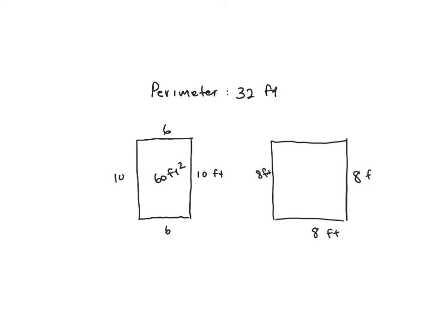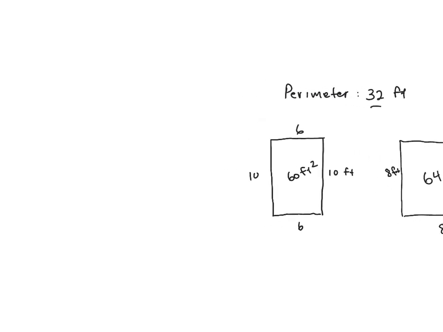So it's the same perimeter of 32 feet, but it gives us a square, or an area of 64 feet squared. So by using the same available fencing, I've changed the dimensions so that I get a larger area. And the question is, what would be the optimum dimensions to maximize the area using a given amount of fencing? And that's what we're getting at here with this problem.